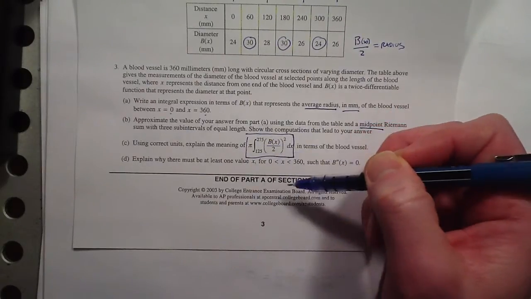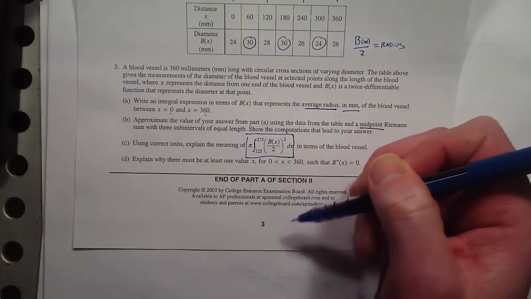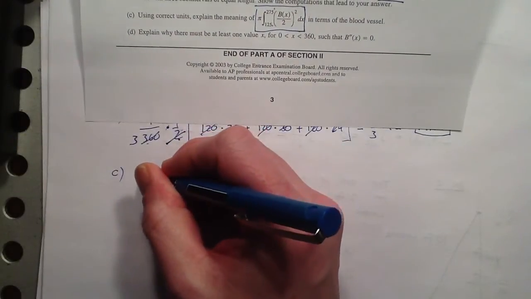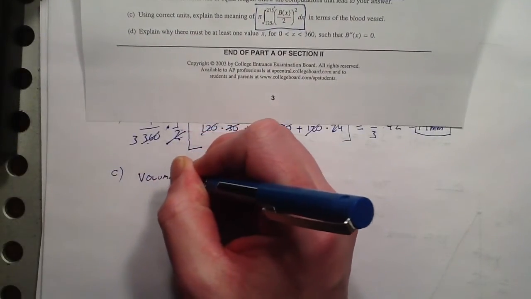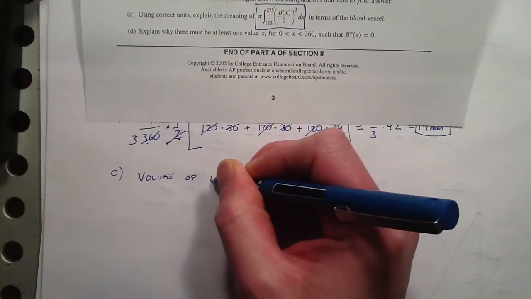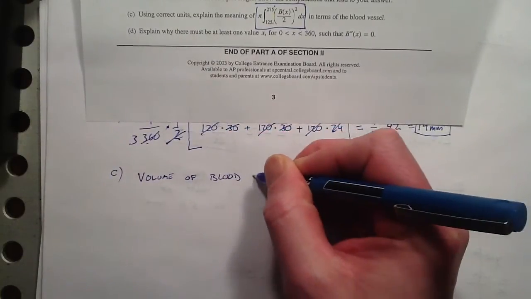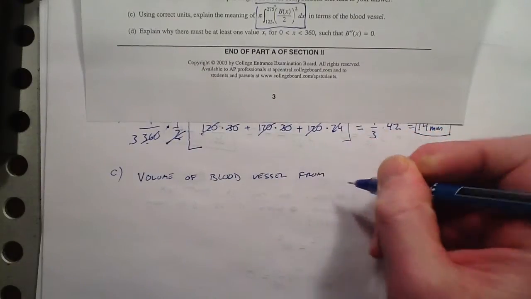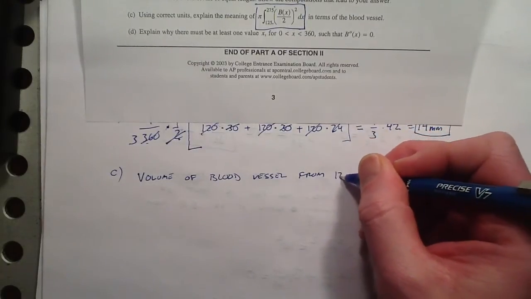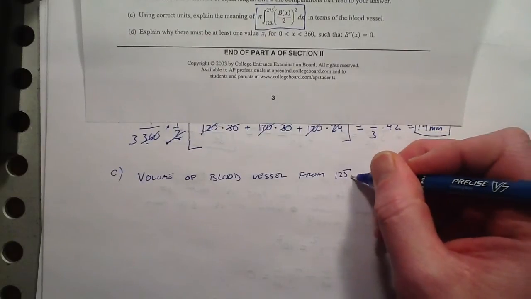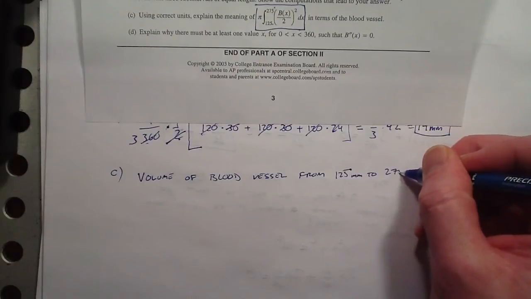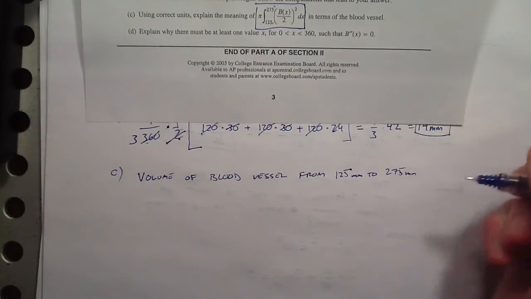Pi r squared gives us the volume from 127 to 275. So it would be the volume of the blood vessel from 125 millimeters to 275 millimeters.